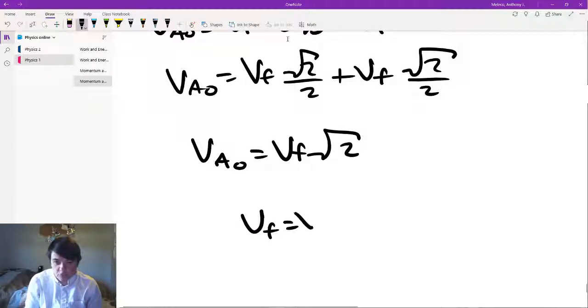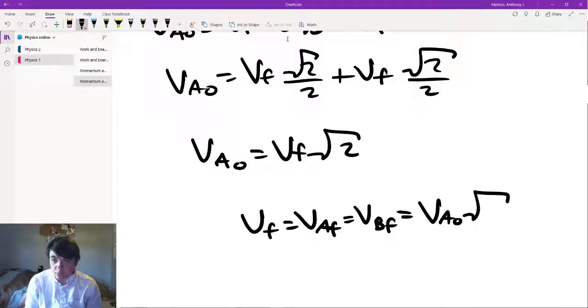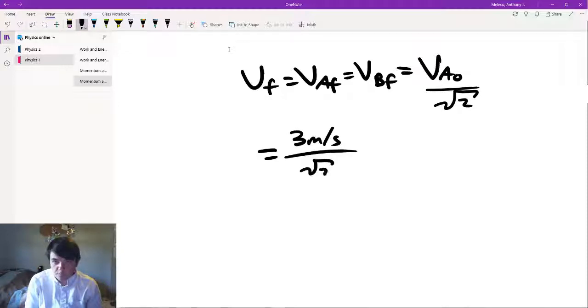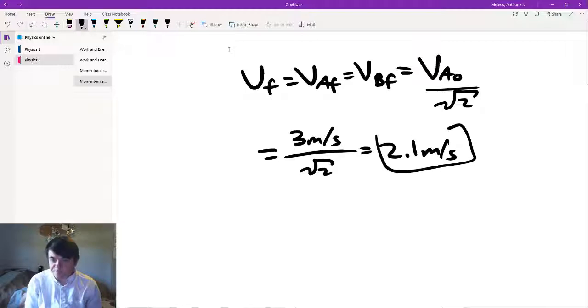V final, which equals VAF equals VBF, right? They were the same, is the initial velocity over root 2, sorry. We need to divide that over. So this equals 3 meters per second over root 2 equals 2.1 meters per second.